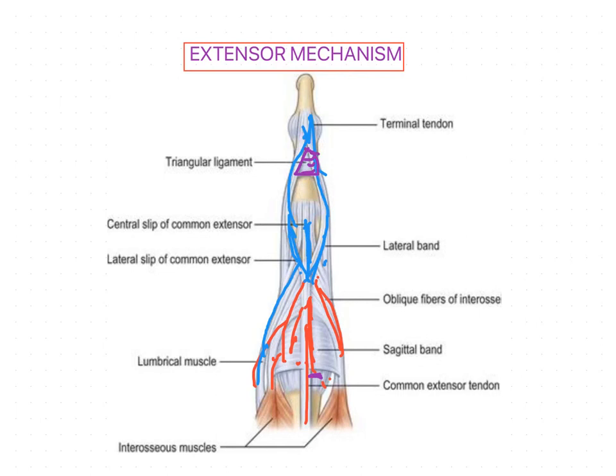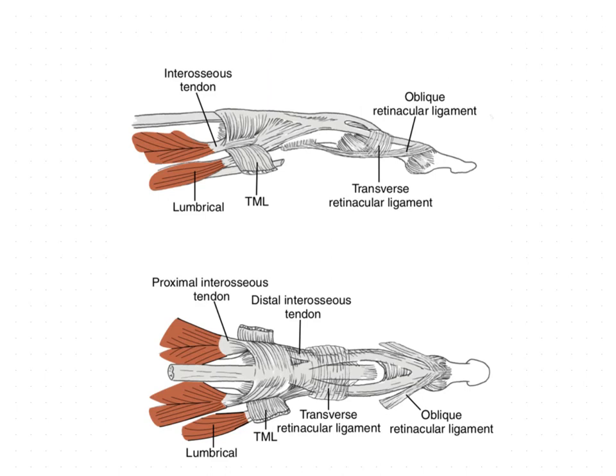With the addition of all these attachments, there is another attachment called the oblique retinacular ligament. We can see the oblique retinacular ligament on the lateral aspect of the extensor mechanism of the finger.